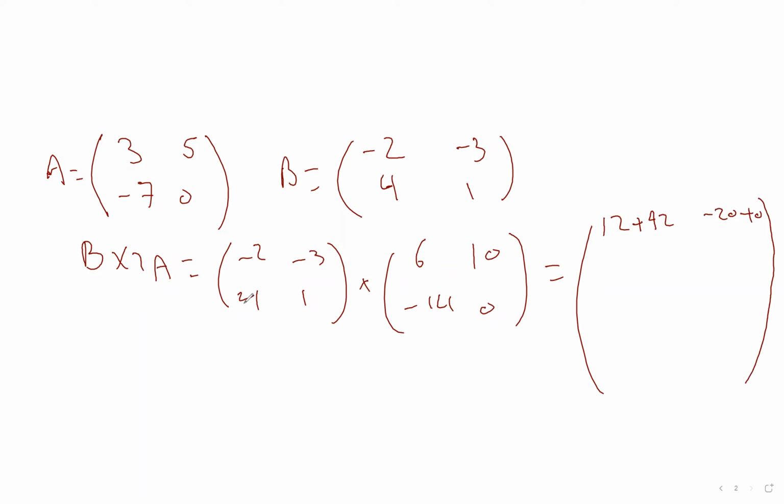and the second row we can get it from the second row with first column and second column. 4 times 6 is 24, 1 times negative 14 is negative 14 and 4 times 10 is 40 plus 1 times 0 is 0.